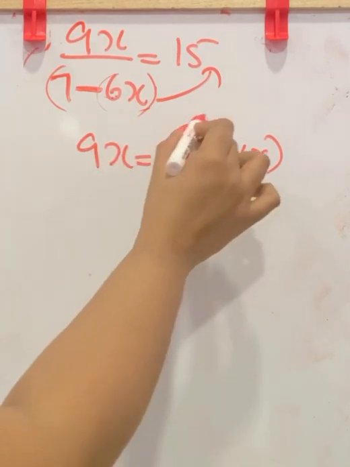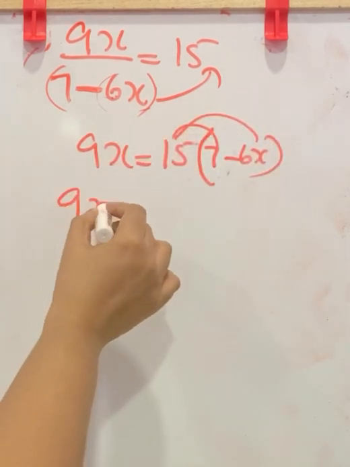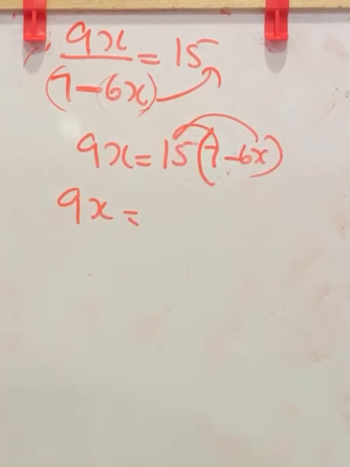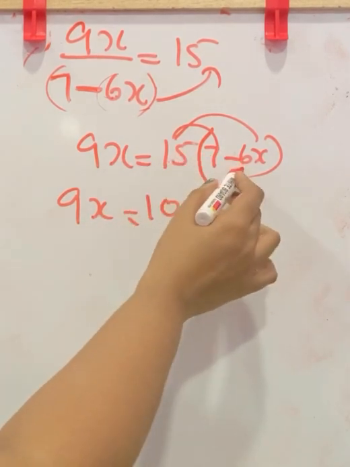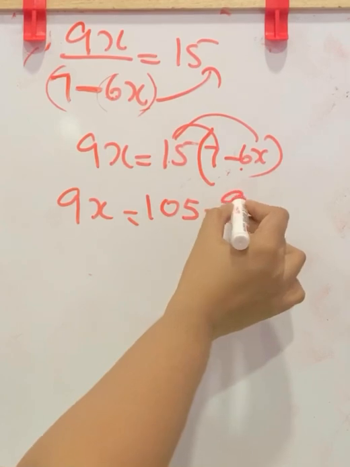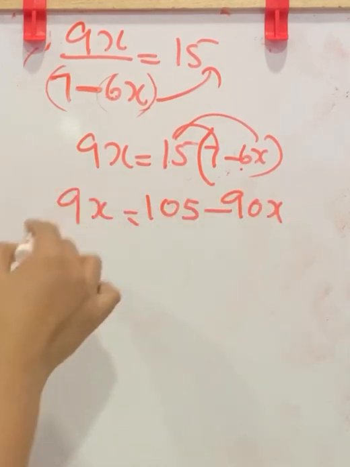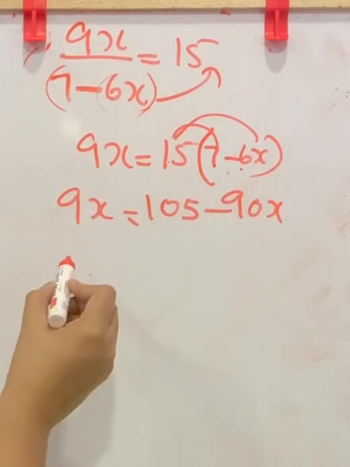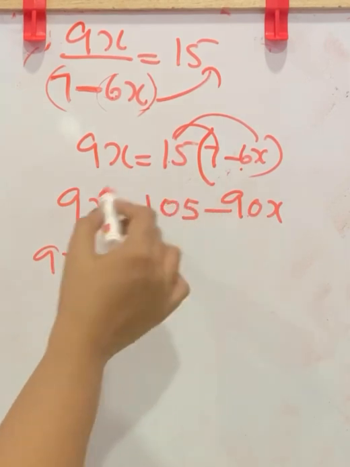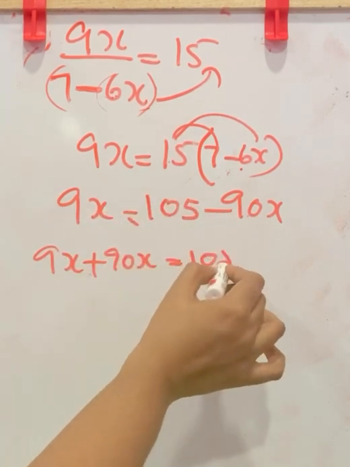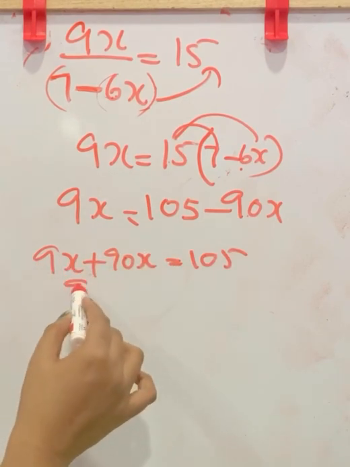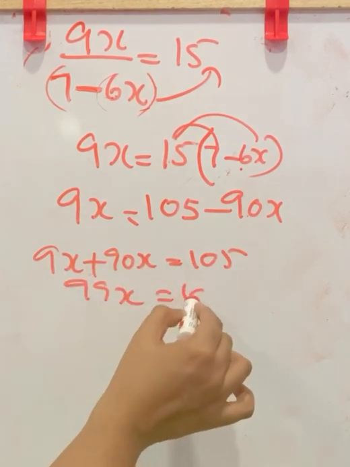Now you want to distribute this. That is 9x is equal to 15 into 7, that is 105, minus 15 into 6, that is 90x. Now you can take the variables to one side, that is 9x plus 90x is equal to 105. 90 plus 9 is 99x is equal to 105.